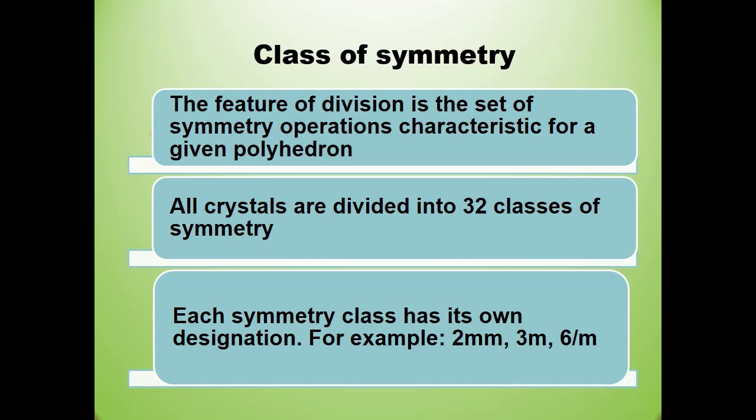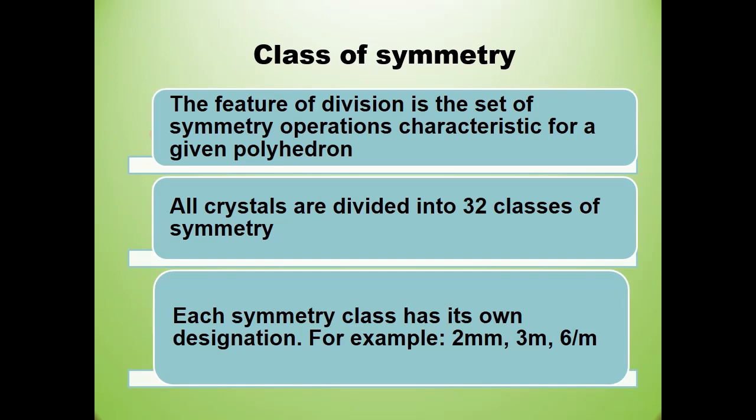Further division is the set of symmetry operations characteristic of a given polyhedron. All varieties of crystal symmetries of polyhedra and their physical properties are described by 32 classes of symmetry. Each of the 32 classes is denoted by a special character.